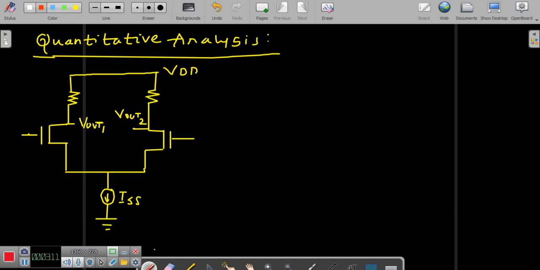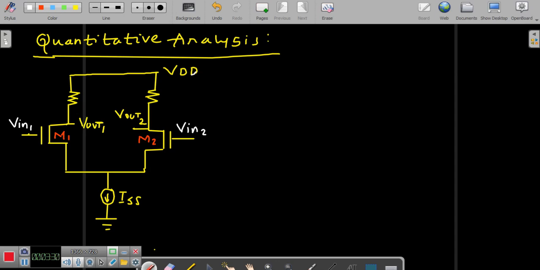This is M1, the first transistor. This is M2, the second transistor. So now here I have got Vin1 and this is Vin2 as usual.